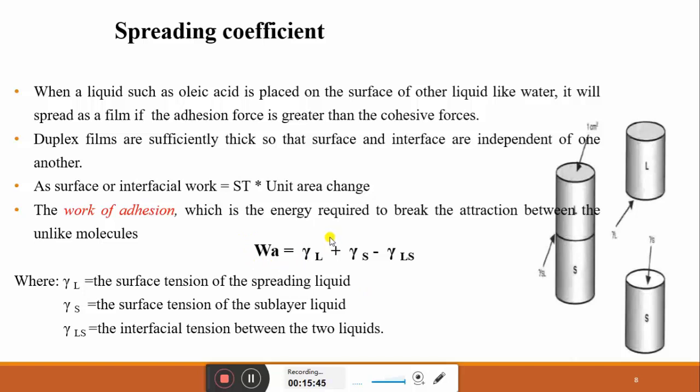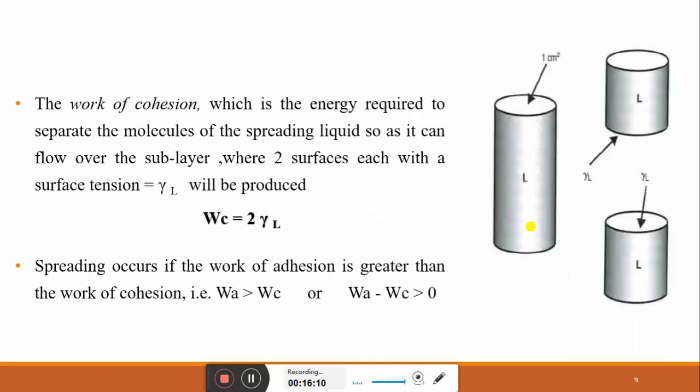So to separate the film of oleic acid from the sublayer of water, it is affected by the surface tension of water, the surface tension of oleic acid, and the interfacial tension of oleic acid and water.